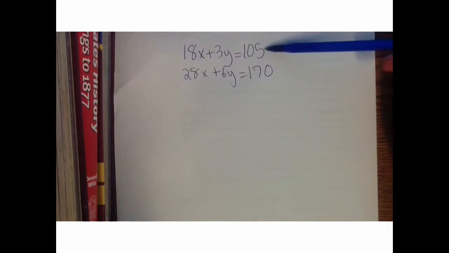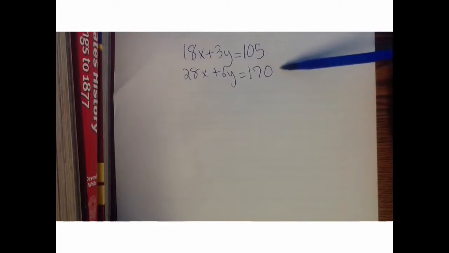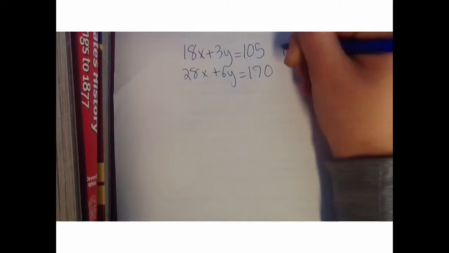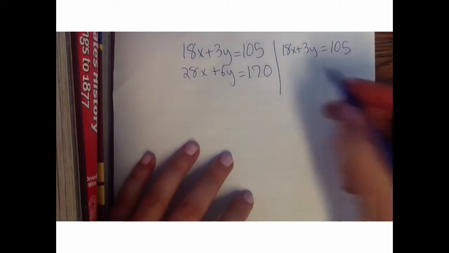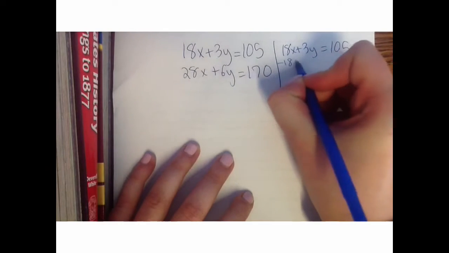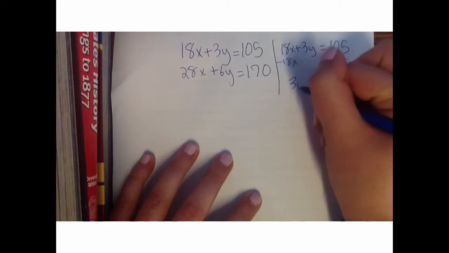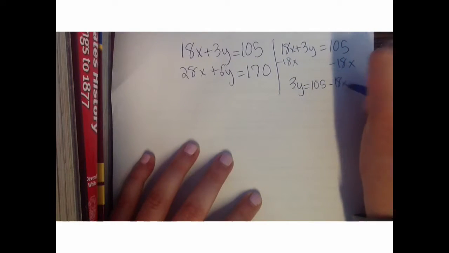So I'm going to take my first equation and get this one in slope-intercept form and substitute into our second equation. So I'm going to pull this one out. 18x plus 3y equals 105. Now, I can just subtract 18x from both sides, and I'm going to get 3y equals 105 minus 18x.